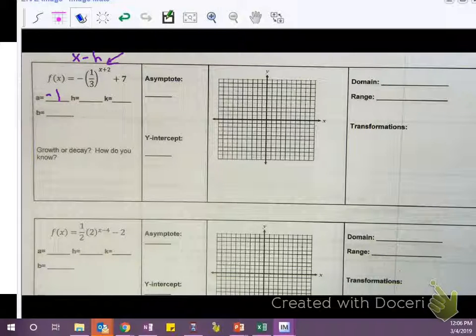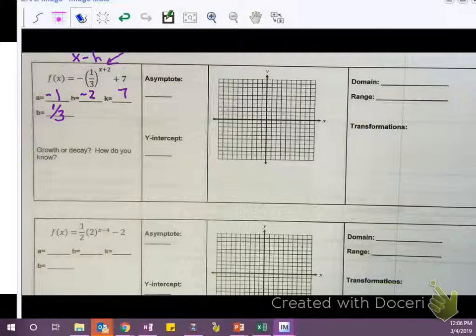So if I have a plus there, that means I have x minus minus. So my H value is really negative 2. And my K value is 7. And my B value here, what's inside the parentheses? 1/3.